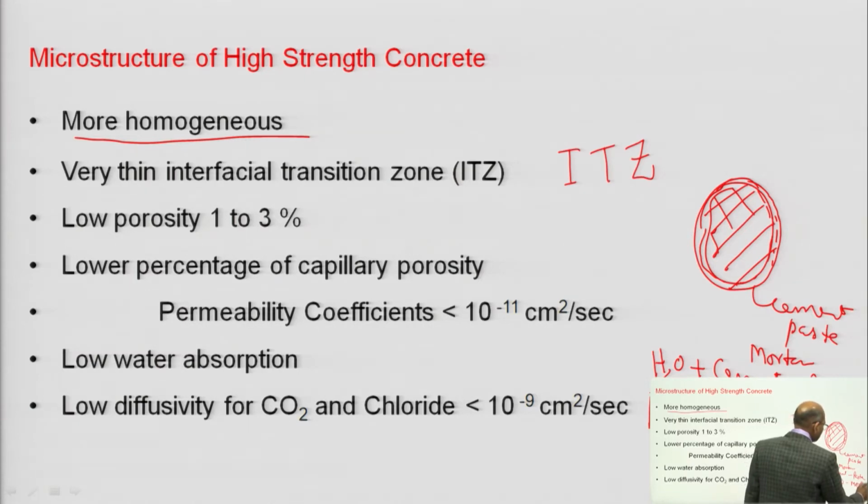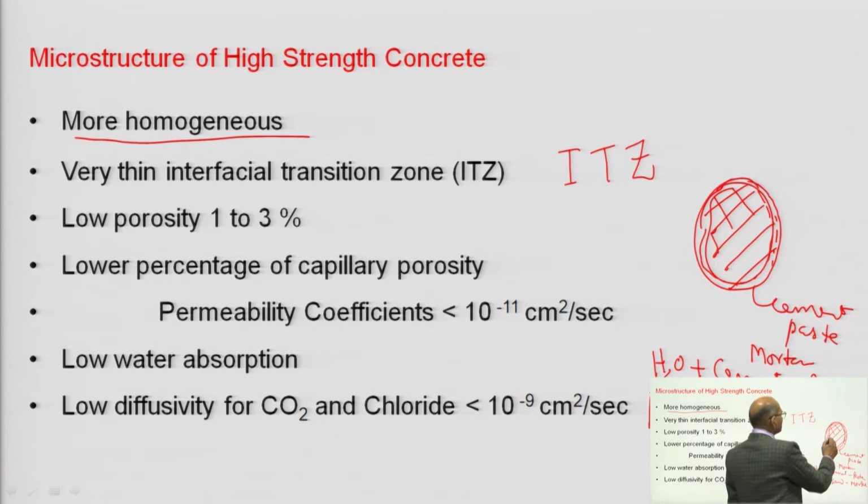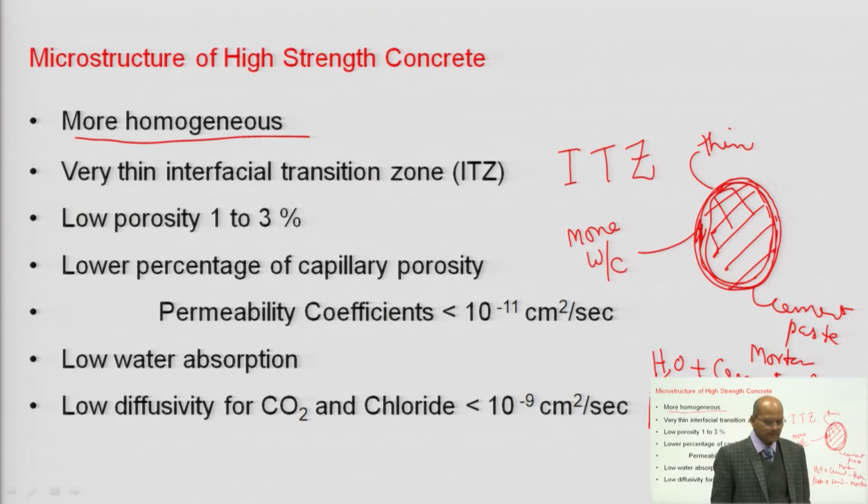So, if you are considering the ITZ for the mortar, their thickness will be almost nil, negligible thickness. But if you consider the coarse aggregate also, this zone will be very thin, because this will have more water cement ratio at that interface.